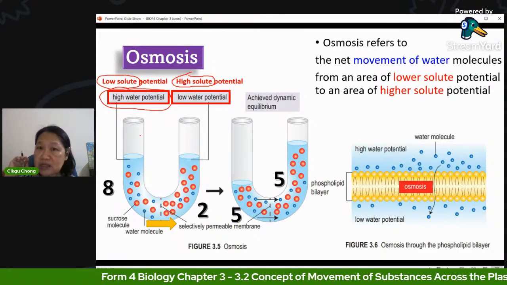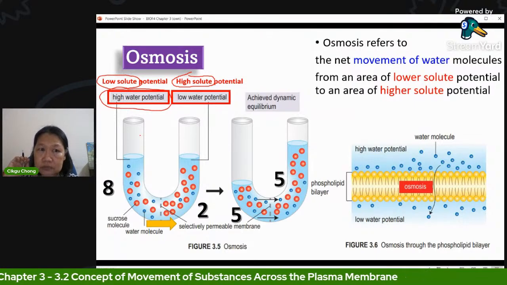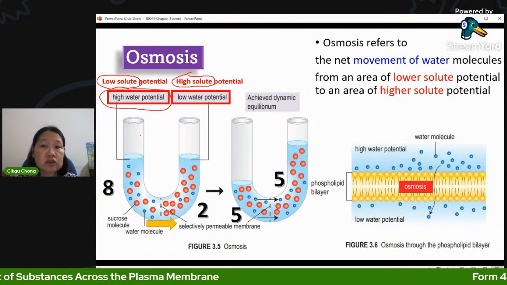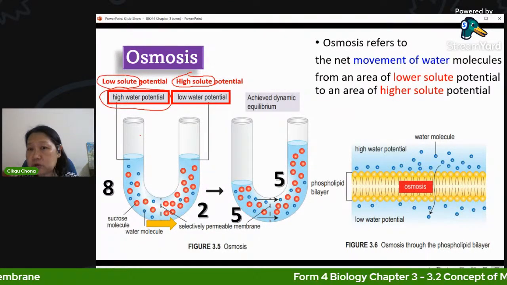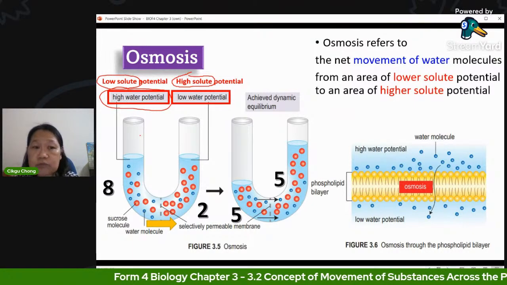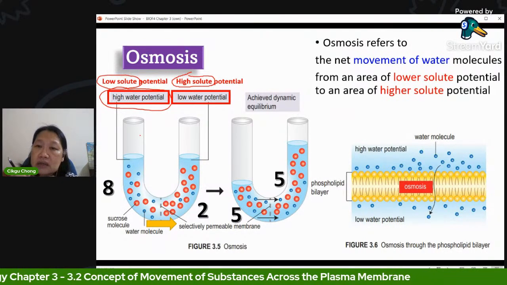It has the same meaning. Just now the one we talked about was water potential, high to low. This one, we talk about solute potential. That means it must be from low solute to high solute, because low solute means it's got more water. Less solute means more water, and more solute means less water.